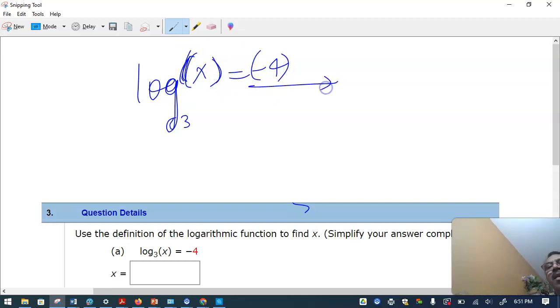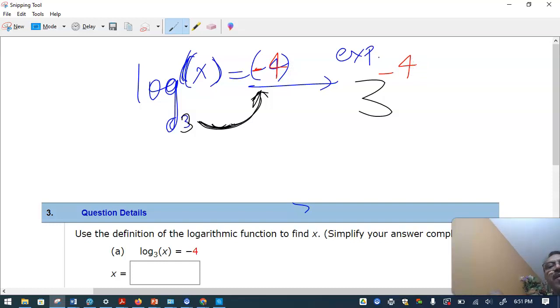So when you write in the exponential form, all you do is start with the base. So the base is the 3 here. So I'll write 3, and what does 3 do? It pushes this minus 4 up there as an exponent. So negative 4 goes up here.